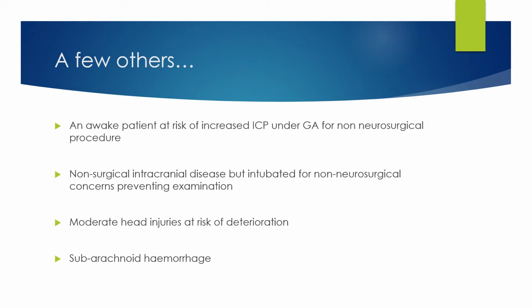This prevents a clinical examination. We find this with a lot of our patients who maybe have a mild traumatic brain injury but severe polytrauma to the rest of the body, and for that reason we can't wake these people up and examine the neurology early. We also would consider it in people with moderate head injuries but are at high risk for deterioration, and some centres are using it in subarachnoid hemorrhage as well.